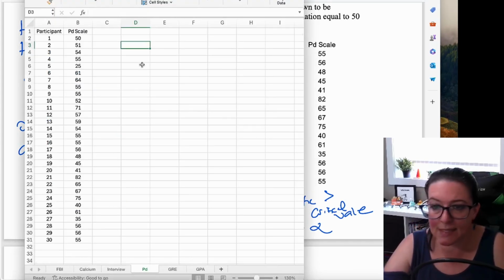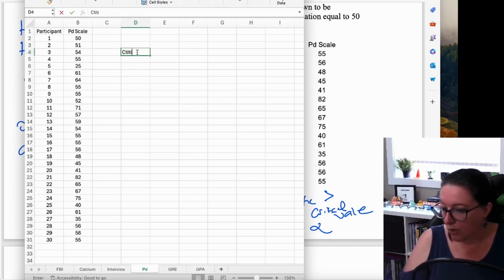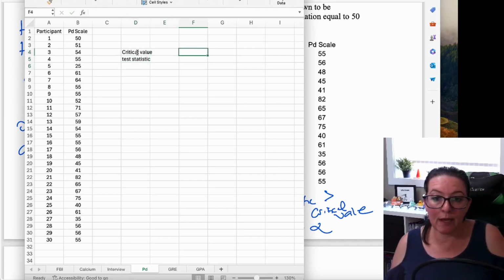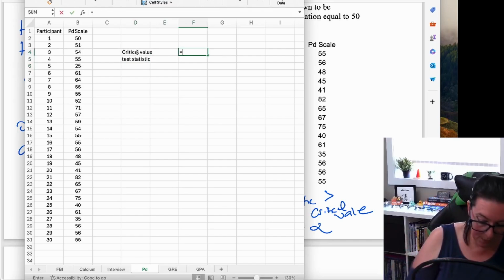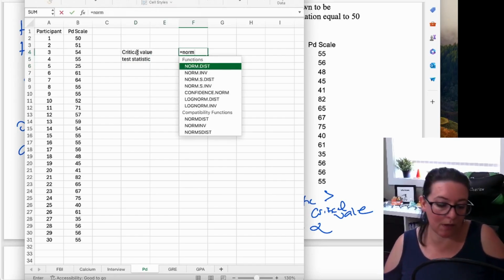To do this in Excel, we're going to need our critical value and we're going to need our test statistic. Okay. So our critical value is what we're looking up on the normal distribution table, and we can have it tell us that number.